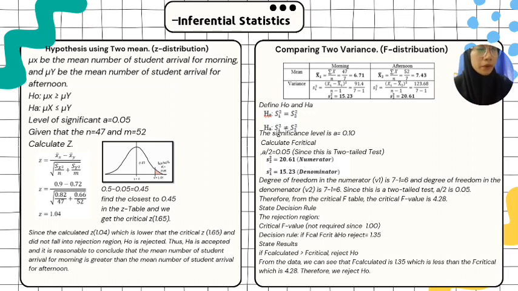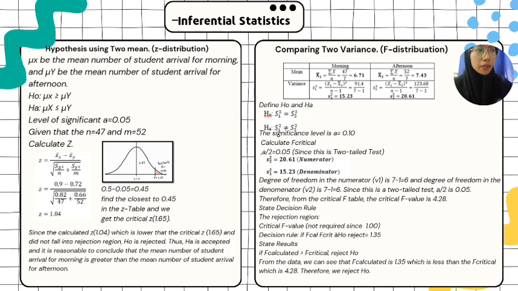The numerator is the variance in the afternoon, and for the denominator we get the variance of morning. The degrees of freedom for the numerator is 6 and for the denominator is 6. Since this is a two-tailed test, we divide by 2 and we get the critical F value using the F table.